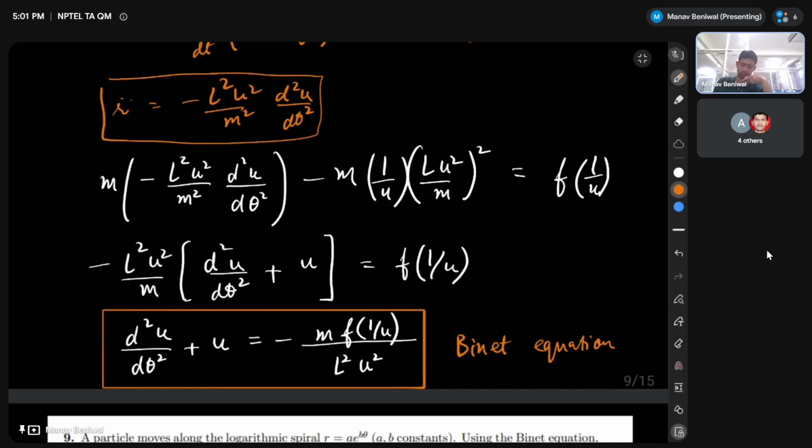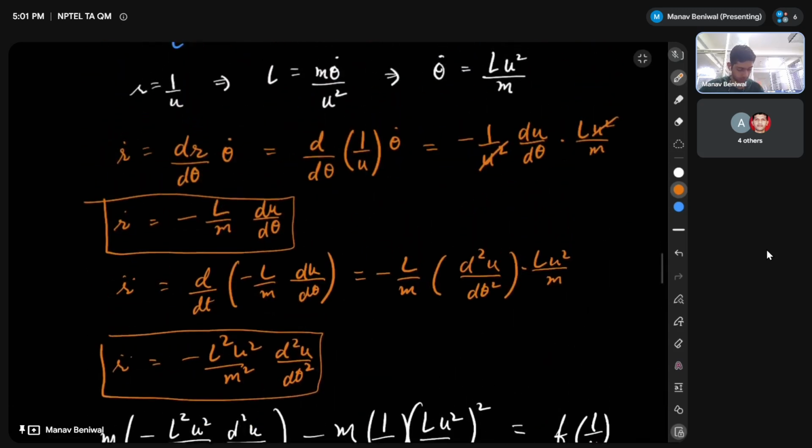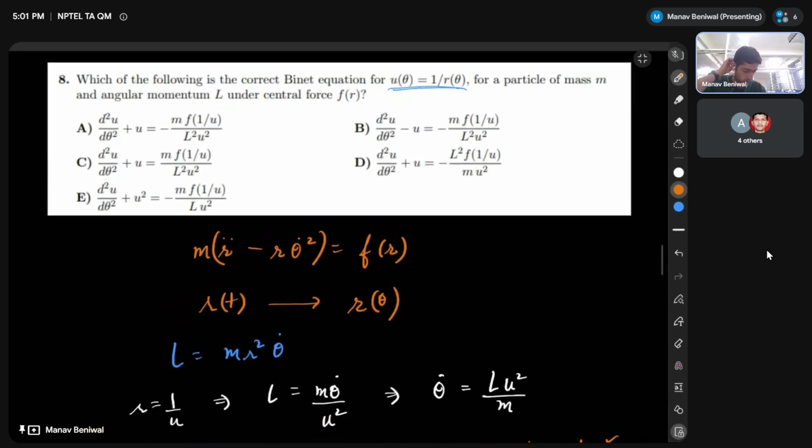So basically this just gives me the shape of my orbit. Okay, so u is 1 by r, which was given in the question, and then which of the following is true.